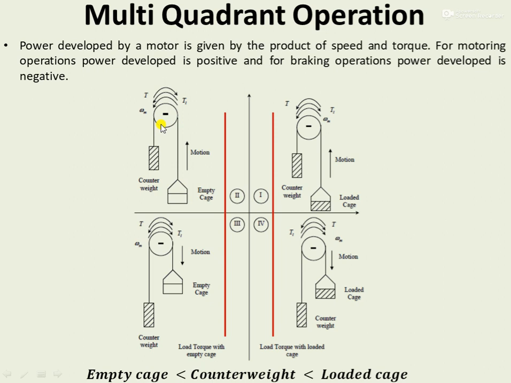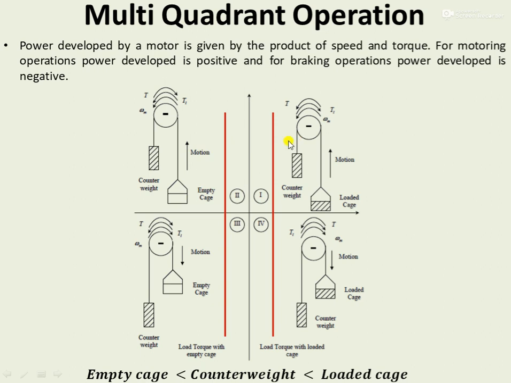Since the motor is producing the torque in the clockwise direction, this torque will help to oppose the load torque which is actually acting in the anti-clockwise direction. Hence the net effect is the motor produces a braking effect here, which helps to control the speed of upward motion of this empty cage.